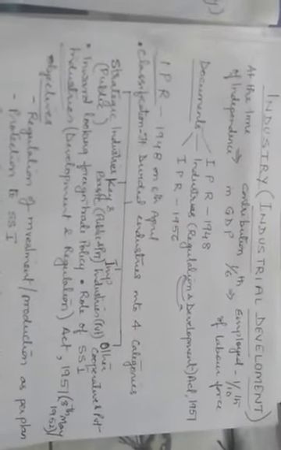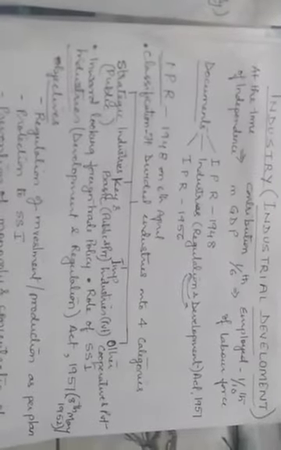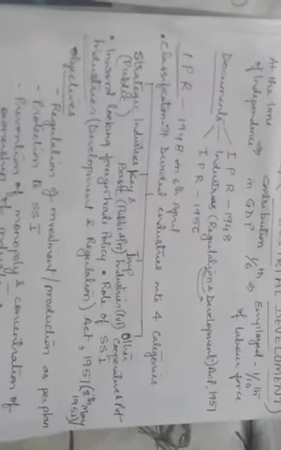IPR 1948. IPR means Industrial Policy Resolution. So this was set up in 1948 and it was implemented since 6th April. The features basically included classification of industries into mainly four categories.